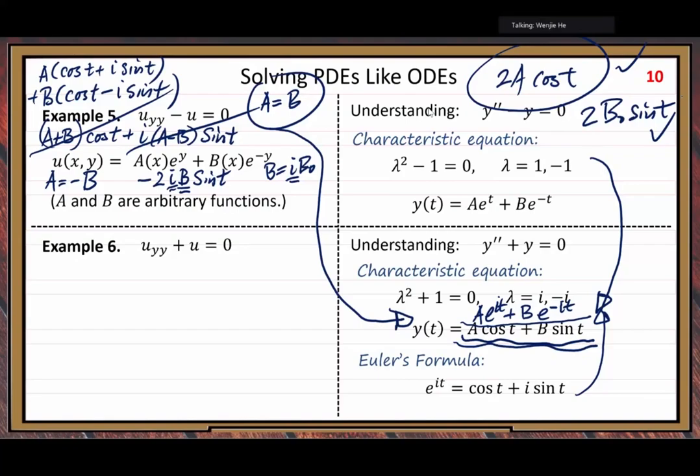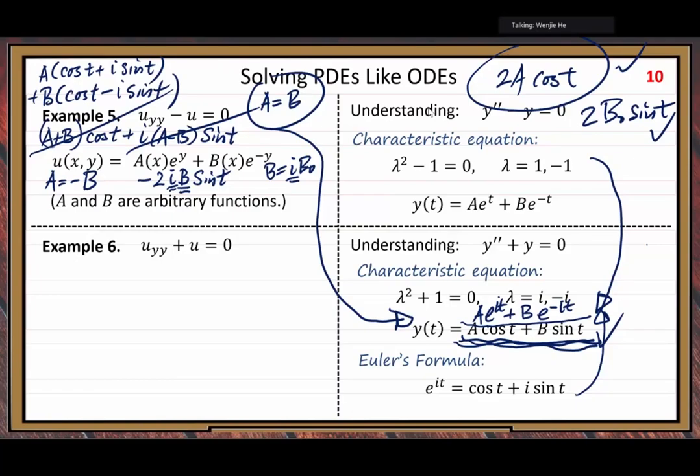Because of 2A, we put it together and treat it as a new arbitrary constant. Because this version does not contain i, it's more friendly. So we want to avoid i in our final solution.